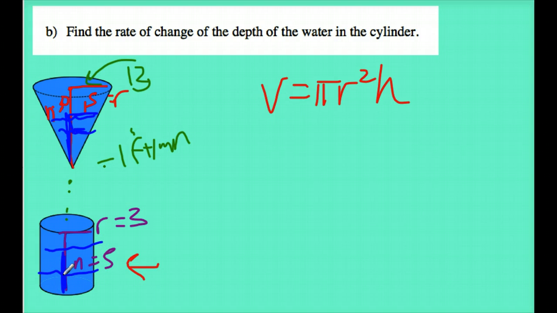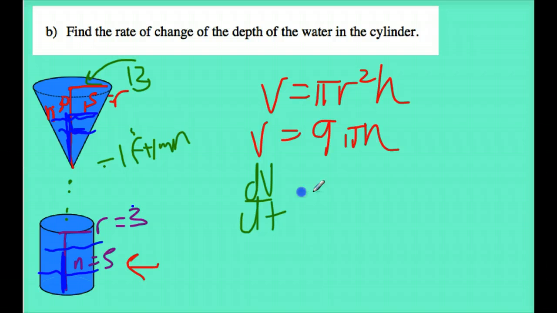The radius is still a 3 since it is a right circular cylinder. So I'm going to plug in 3 since I know that this is not changing. So this gives me 9 pi h. Now we can take the derivative of this and I get dV dt is equal to 9 pi dH dt.